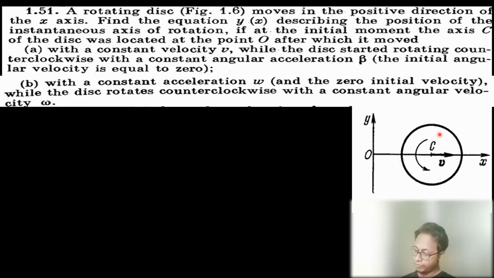The question is asking us to find the instantaneous axis of rotation. That means find the point in this entire disk at which the velocity of that point is equal to 0. Okay, condition A, when it moves with a constant velocity v, that means this motion in this direction is with a constant velocity v, while the disk started rotating counterclockwise with a constant angular acceleration b.